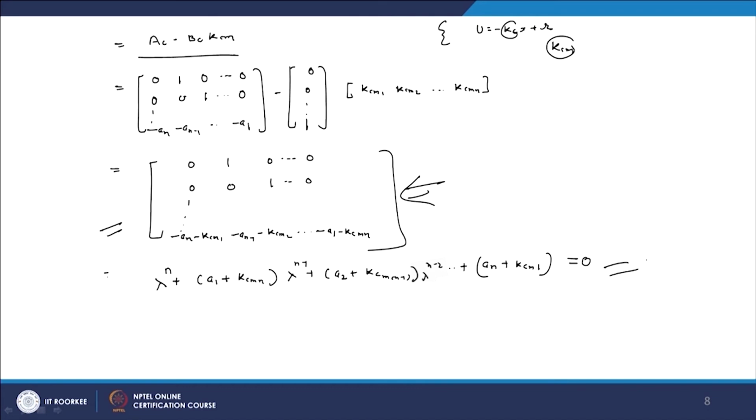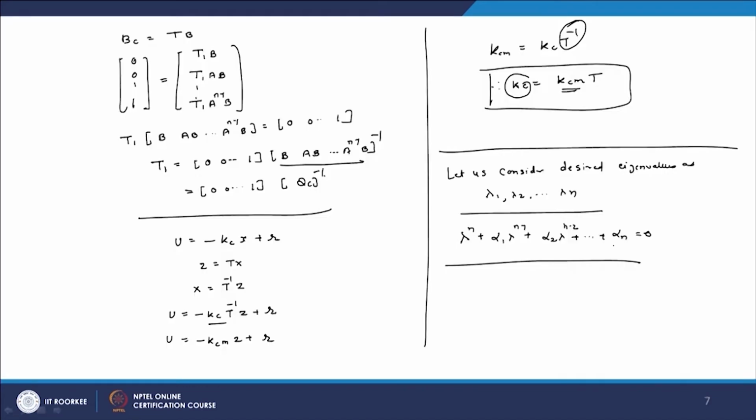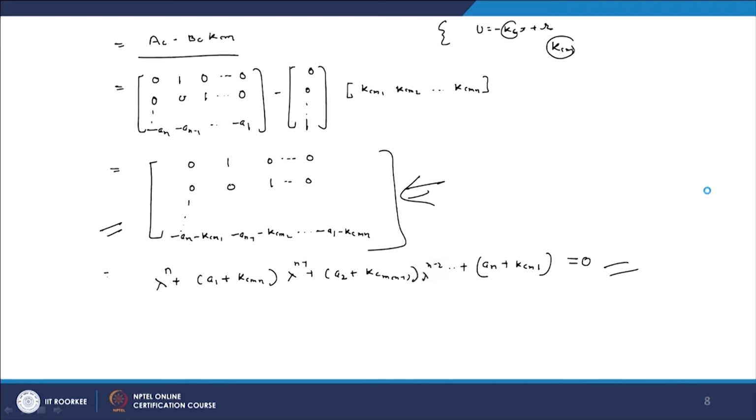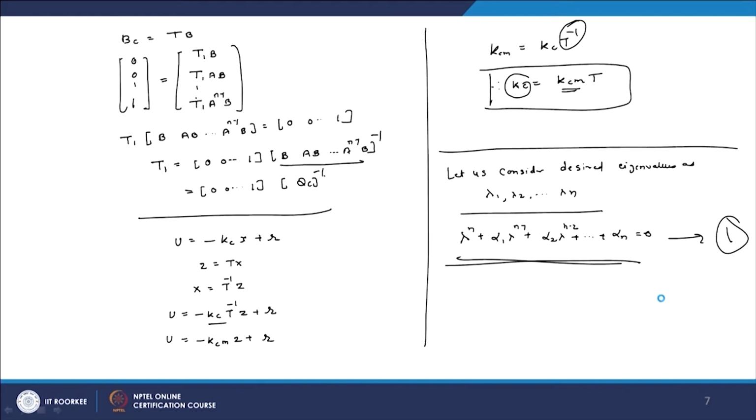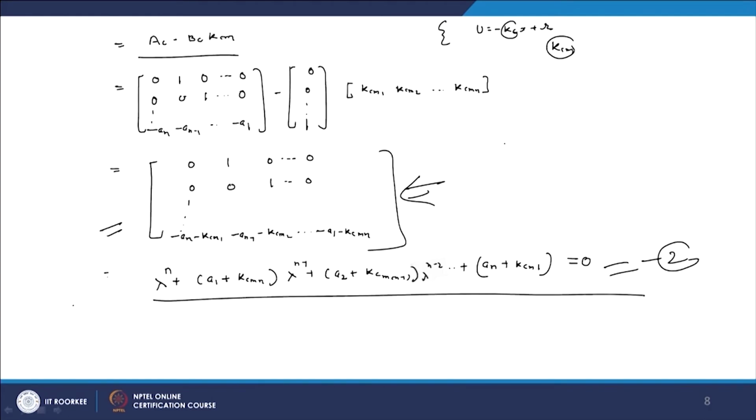Now this characteristic equation we can easily compare with the desired equation. Let us call the desired equation 1 and the one obtained through transformation equation 2. Equation 1 is alpha 1 lambda n minus 1 plus alpha 2 lambda n minus 2, and so on, plus alpha n equal to 0.